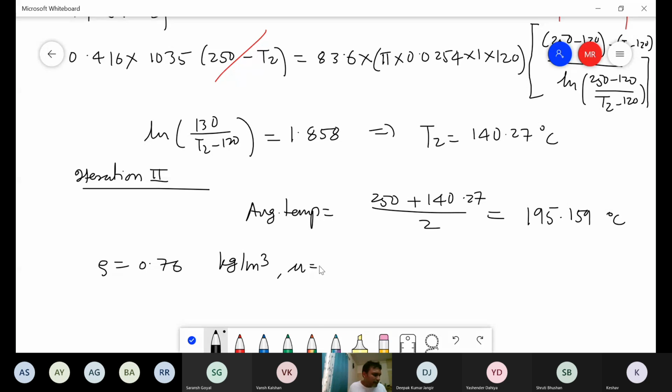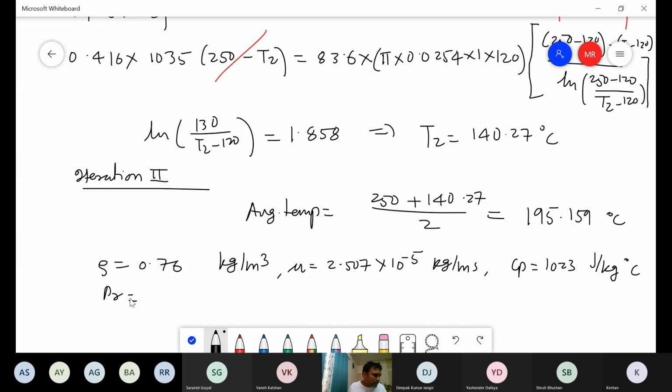Mu is 2.507 into 10 raised to power minus 5 kg per m s. Cp is 1023 joule per kg per degree Celsius.